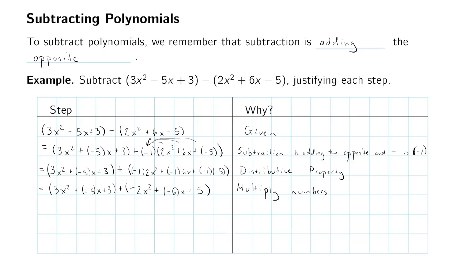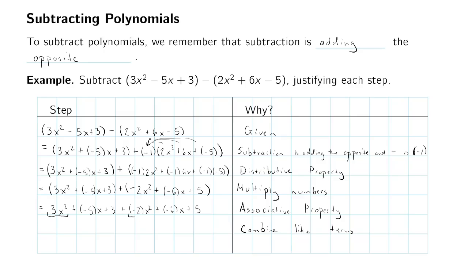And at this point, we are now adding two polynomials. We can drop the parentheses with the associative property. And now this next step, we're combining the commutative and associative and distributive properties to combine like terms. Not showing all the gory details of this part of the process.